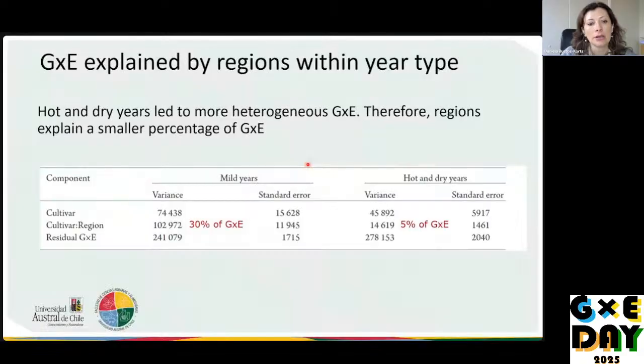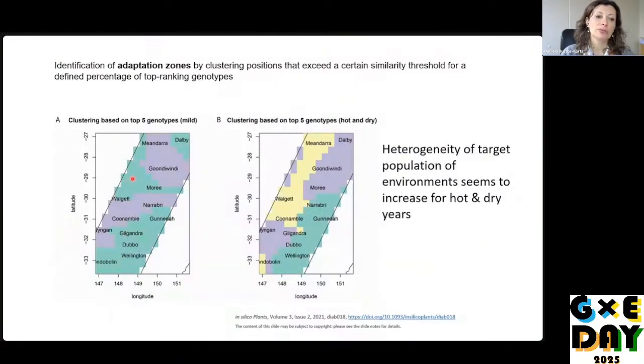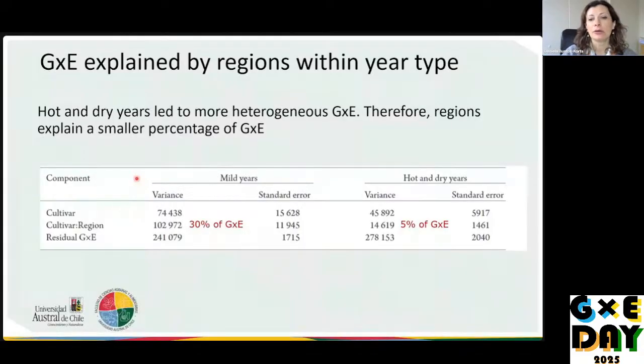Again, we need to go back to the linear mixed model and check, does it work? We saw that in general, for mild years, this cultivar by region was quite successful in explaining G/E. The contrast between the purple and the green was very good in terms of explaining genotypic ranking, whereas in hot and dry years, this was not so successful.